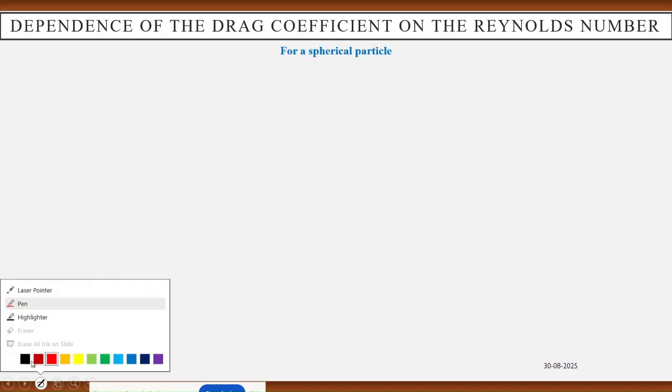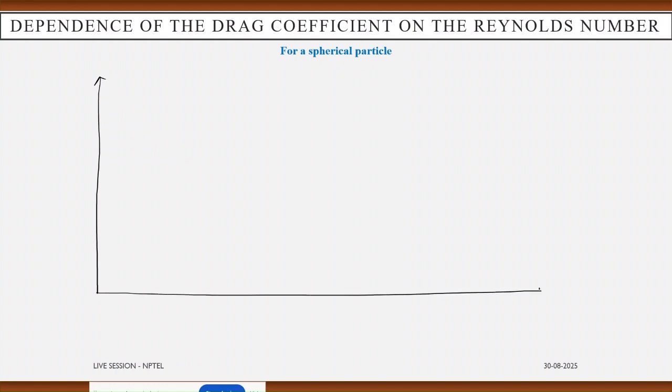Now we are going to learn about the dependence of the drag coefficient on the Reynolds number. So there will be one graph that will tell you this is the drag coefficient and this one is the Reynolds number.